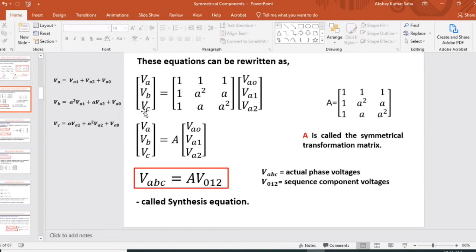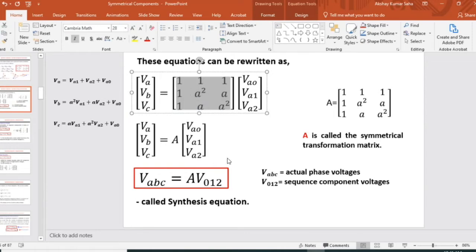So VA, VB, VC, in terms of VA1, VA2, and VA0, they will be in the columns VA0, VA1, and VA2. Then we will have the 3 by 3 matrix inside, and it will look like 1, 1, 1, 1, A squared, A, 1, A, A squared. You can do this intermediate step by yourself, just practice. It won't take more than 2-3 minutes.